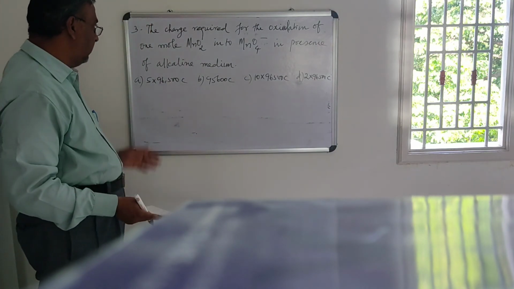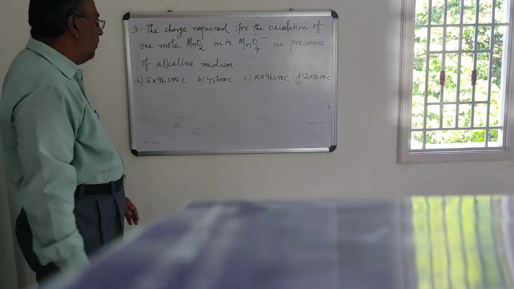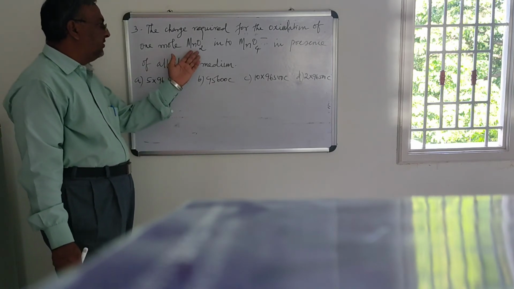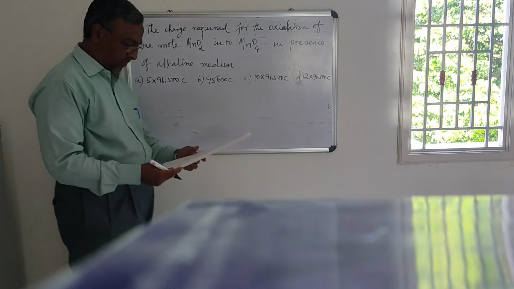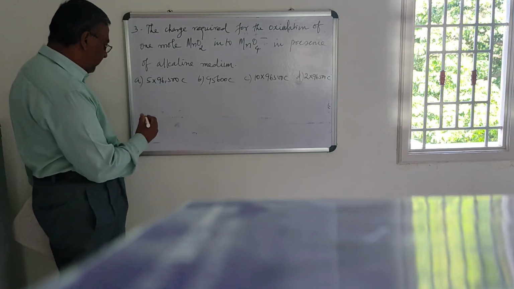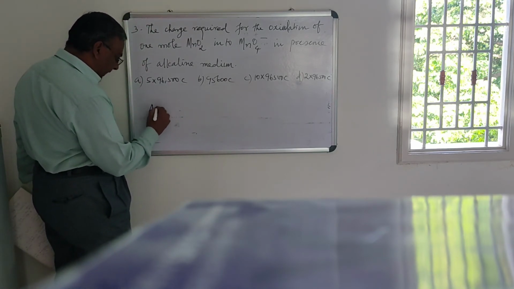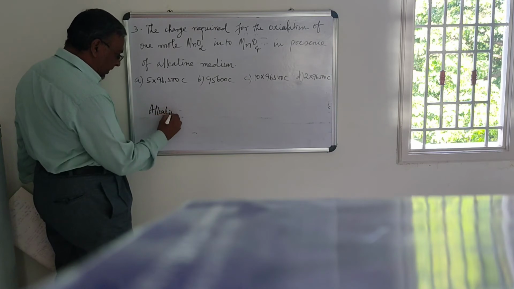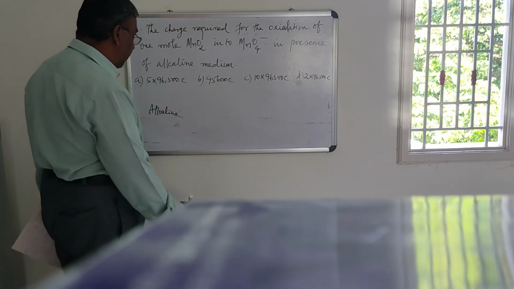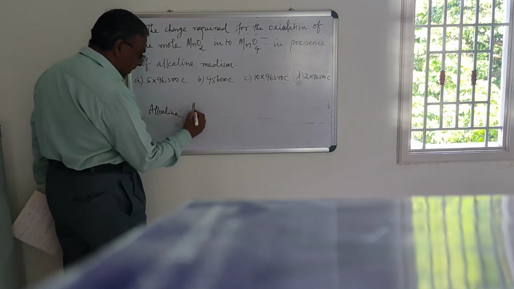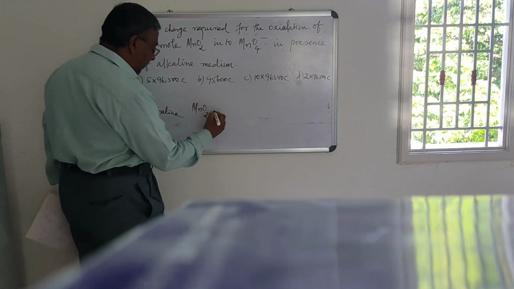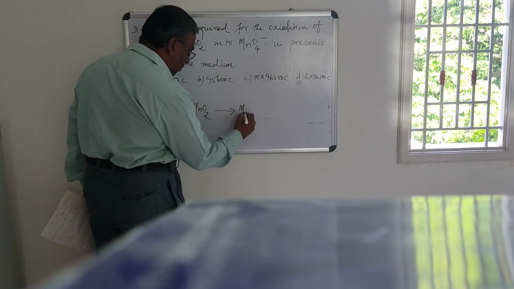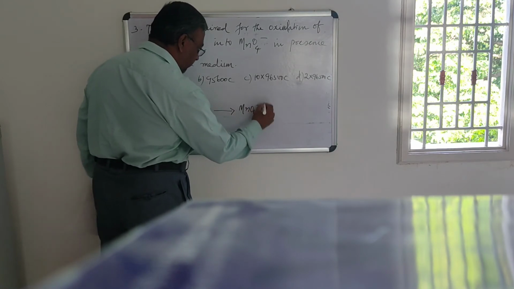How to find out the charge required for the oxidation of manganese dioxide into MnO4 minus ions? And it is in alkaline solution. In the problem given, MnO2 undergoes oxidation to give MnO4 minus ions.